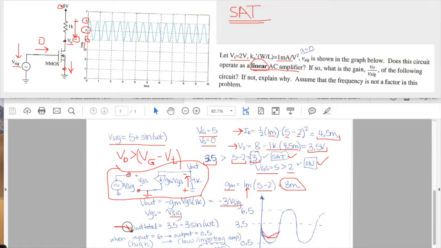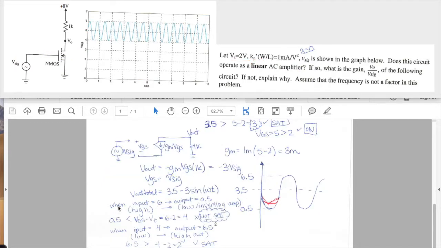The Vout total is the DC value of 3.5 volts plus minus 3 times the input, which is just sine omega t. So we center it around 3.5, and it goes up by 3 to 6.5 and down by 3 to 0.5. Since this is an inverting amp, when the input is 6, we get the lowest output of 0.5, so Vd is 0.5.